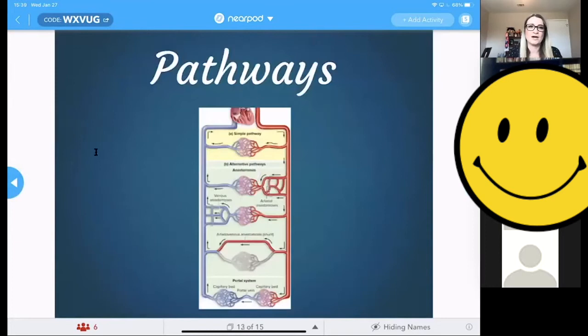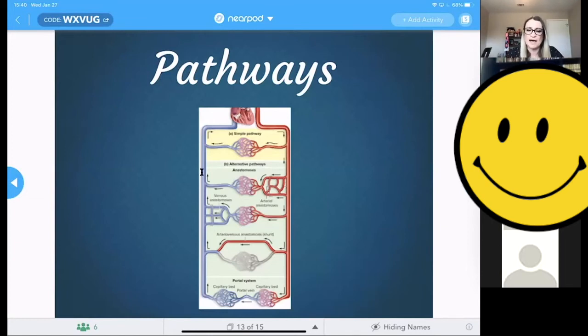Okay. We'll talk about pathways of blood, and then we will talk about the cross-sectional area, and then we'll get into capillary exchange. The pathways of blood in our body, we can describe them as simple or alternative pathways. A simple pathway is where a single major artery supplies a tissue or an organ, and a single major vein leads blood out of that organ.